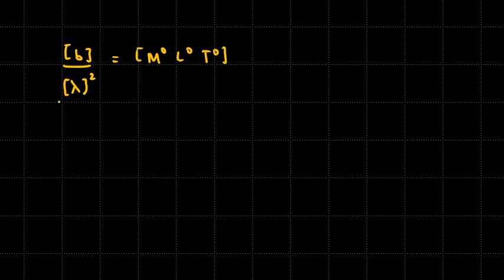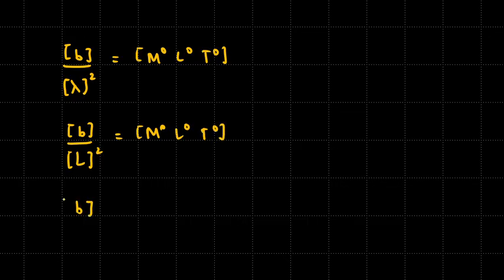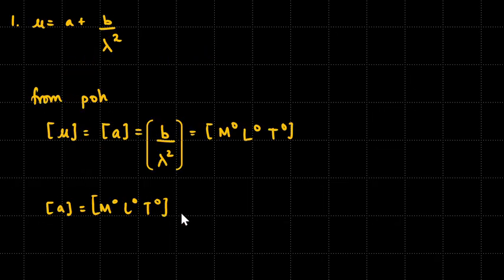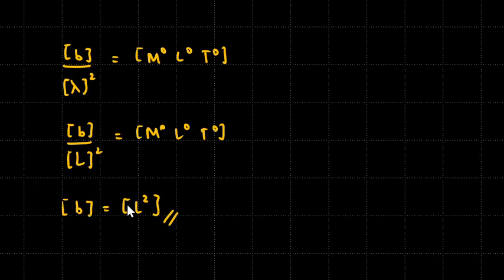Since lambda is wavelength, which is a length, its dimension will be length. So length squared gives us m0, l0, t0, which means B must be equal to L squared. So we found both A and B that we needed.